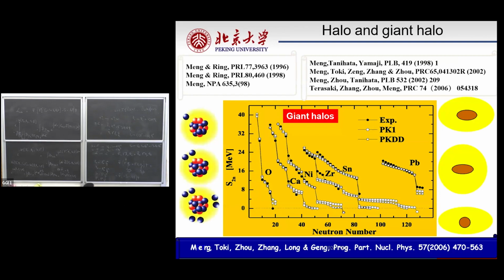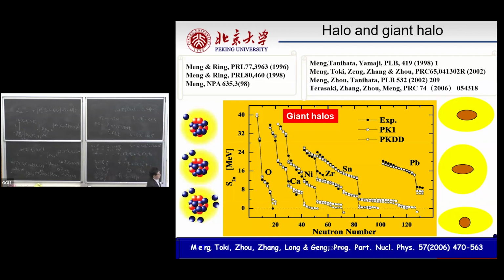And then, okay, you can extend this. For example, we extended this calculation to all the proton magic nuclei. Then you will find something interesting. The most interesting thing is that for the medium or heavy mass region, for example, this is a calcium isotope chain, and this is the zirconium isotope chain.